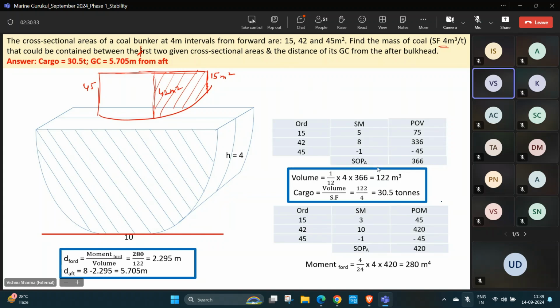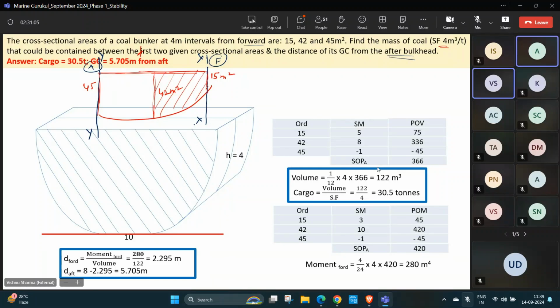Okay. But he wants the distance of the GC from the after bulkhead. And you see, it says from forward, this is the forward end of the bunker, this is the aft end of the bunker. He wants the GC from the aft end, from here. Let us say YY. But my 3 10 minus 1 will give me moment about YY, or will it give me moment about XX, beta? XX, sir.